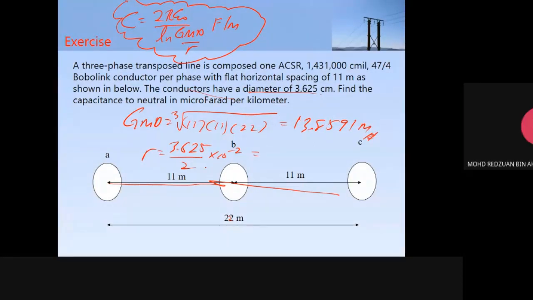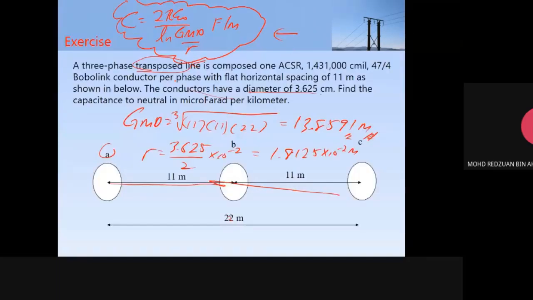Radius is 3.625 divided by 2, which is 1.8125 times 10 minus 2 meters. So by using these two values, we can calculate the capacitance for this transposed transmission line. This arrangement we have to transpose so that we can balance the value of C between phase A, phase B, and phase C.